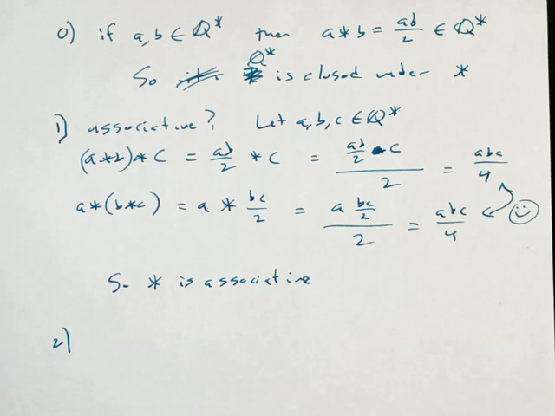What's the third one? Does it have an identity? I need an identity. What do I star by? Star by, not multiply by, star by, to get the same thing back.